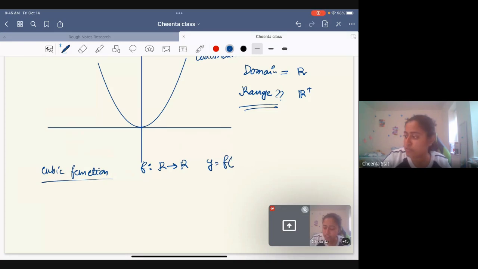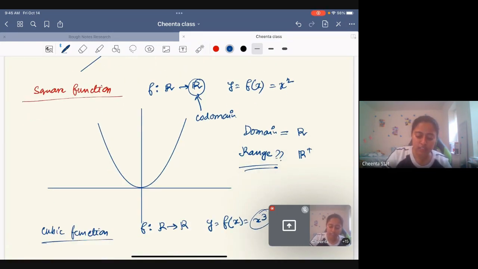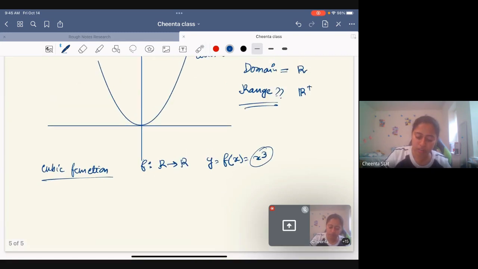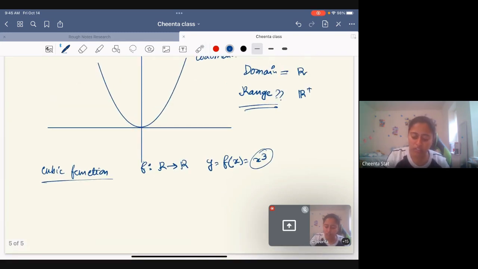It's very useful to find a graph by looking at an equation. Here again the domain is R and the range is R because there is no restriction. This function is symmetric about the origin, and the square function is symmetric about the y-axis, the even function it is called. I will come to that point soon.